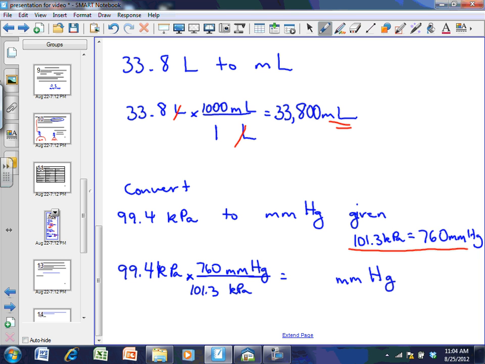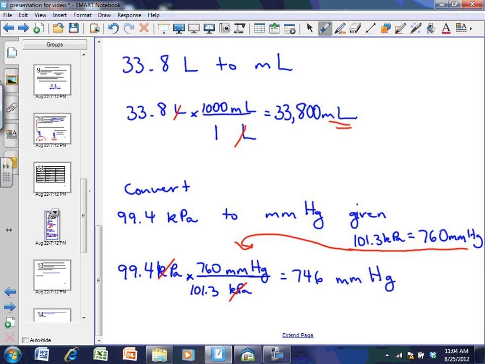You type in 99.4 times 760 divided by 101.3. That will give you 745.7, which rounds to 746 millimeters of mercury. Note the kilopascals cancel. Where did I get that? The conversion factor went in here. It was written as a fraction, and I can choose which way to write it based on what I'm converting from and to.